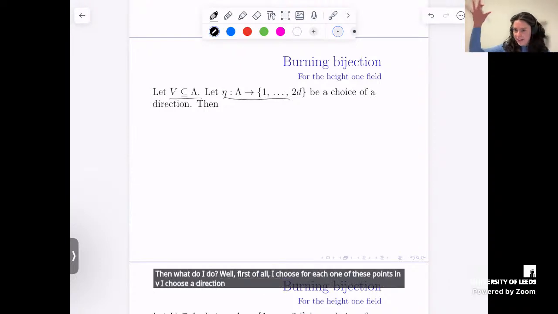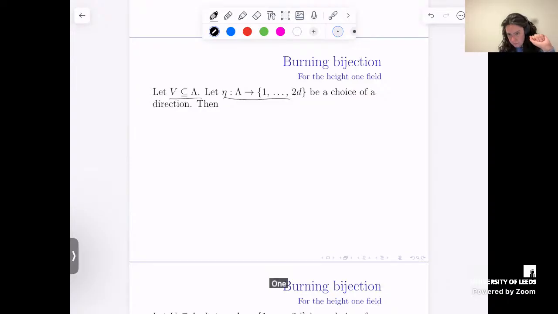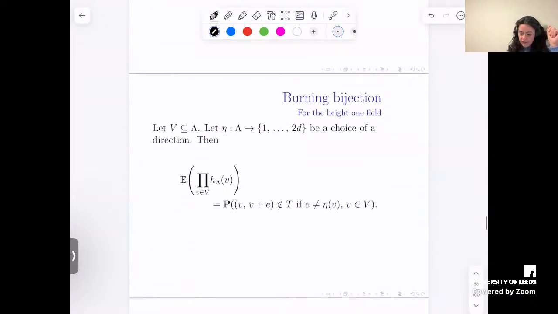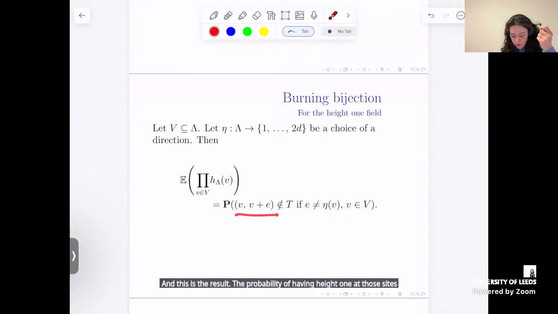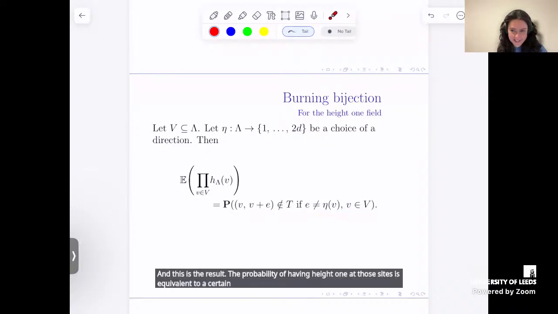Remember that everything is on Z^d. So I can choose one of the 2d directions, one per point. That's my choice, an arbitrary choice. And this is the result. The probability of having height 1 at those sites is equivalent to a certain event for the UST.